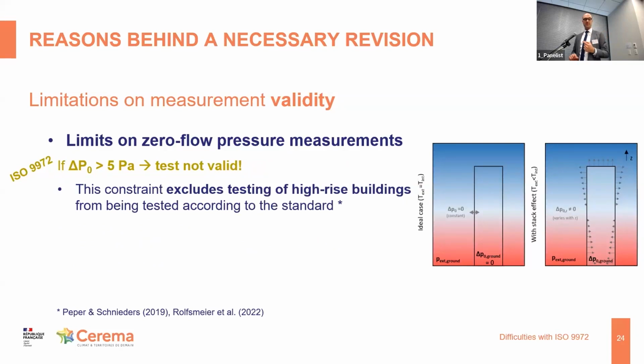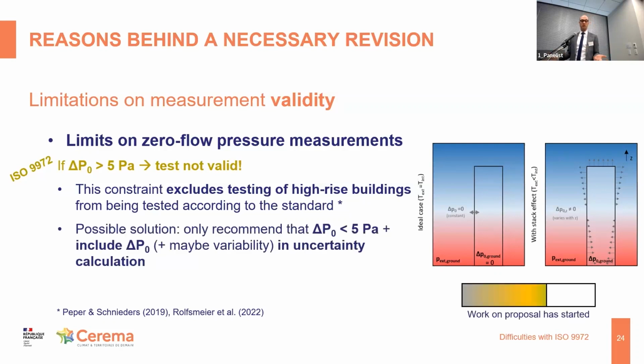But the problem is that this constraint really excludes high-rise buildings from being tested according to the standard. Of course, I can test high-rise buildings, but if I have to test all the buildings according to the standard, like in France, and these are excluded from the standard, it's a problem. So this really needs to be rethought.